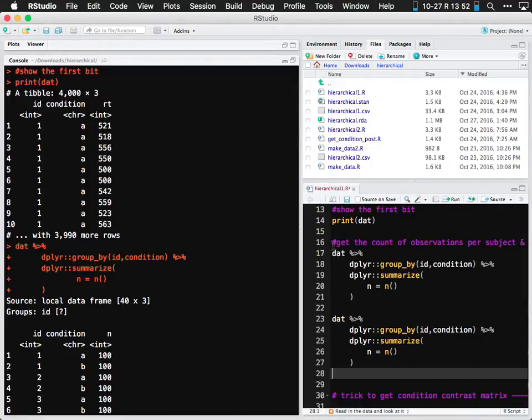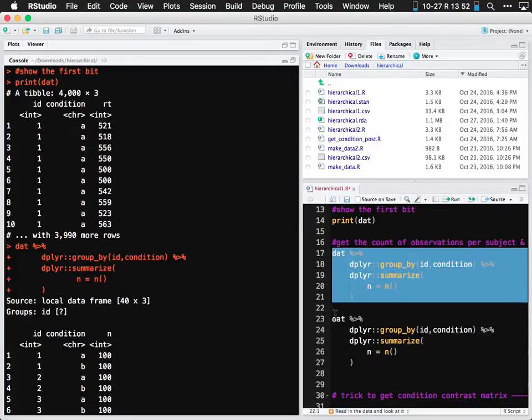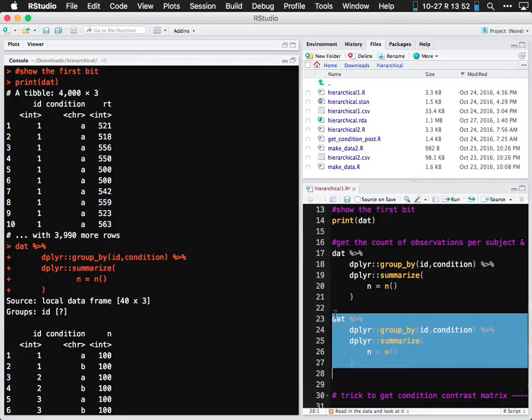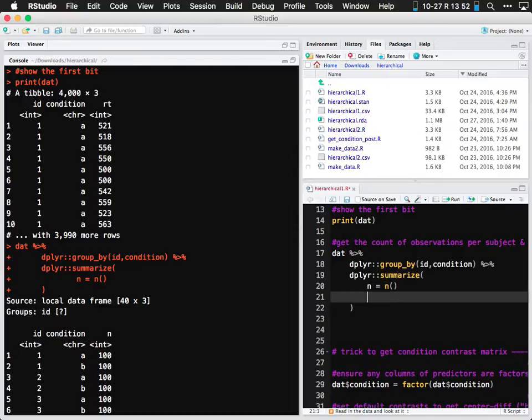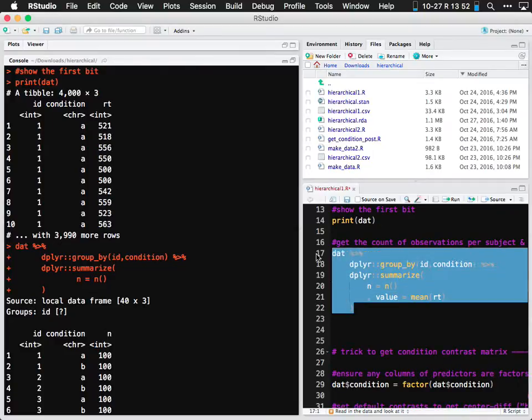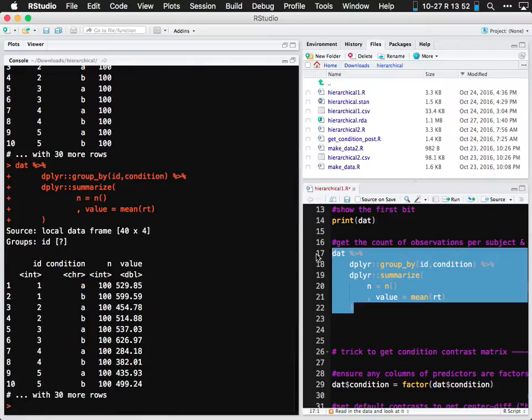I can say, in addition to counting, we're going to say value equals mean RT. So now, this is person 1's mean RT in condition A, and this is their mean RT in condition B.